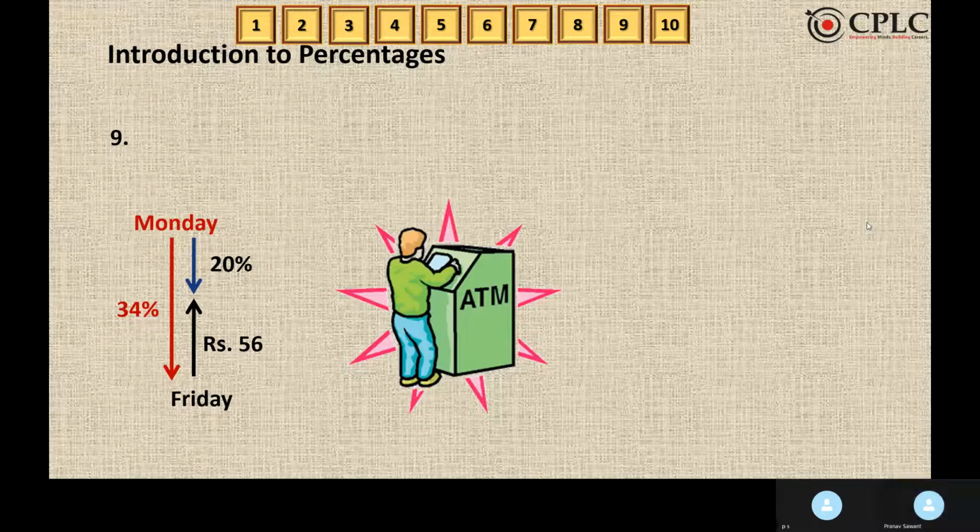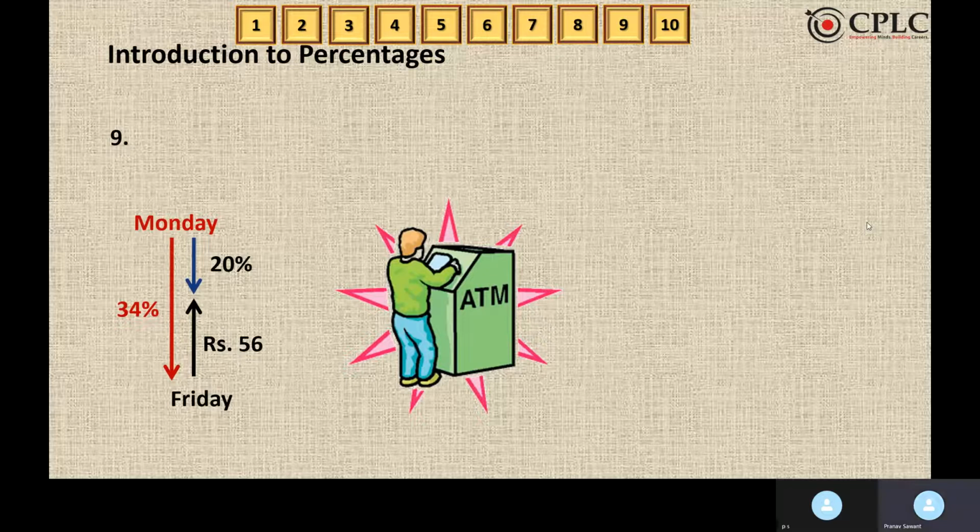Now, if he withdrew 34% and deposited 56 rupees, the overall decrease in the bank balance is 20%. Why is it 20%? Why not 34%? Because he has deposited some amount in his bank account. That is the reason. There is a shortfall over here. Shortfall of what? Shortfall of 14%, that is 34 minus 20. 34 minus 20 is 14%.